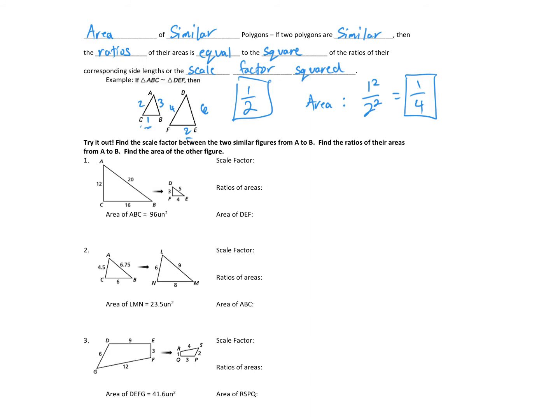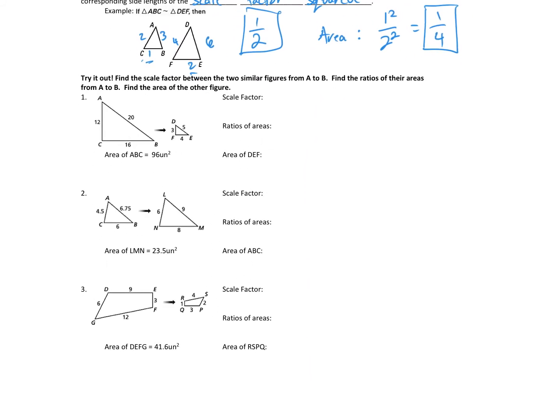So let's prove this. Let's try this out, okay? We want to find first the scale factor, the ratio of the areas, and then the area of DEF. So first, the scale factor. I'll choose 12 and 3. So 12 over 3, divide by 3. This gives me 4 over 1. So my scale factor is 4 over 1.